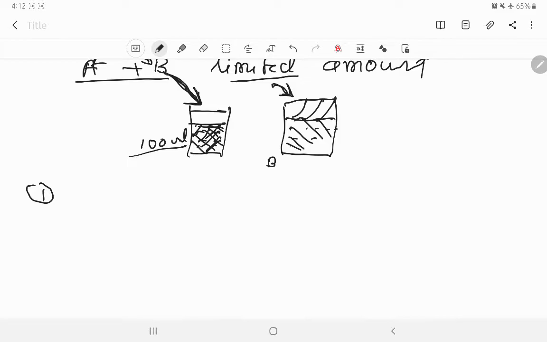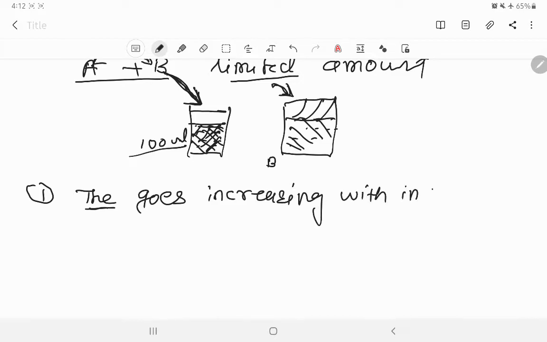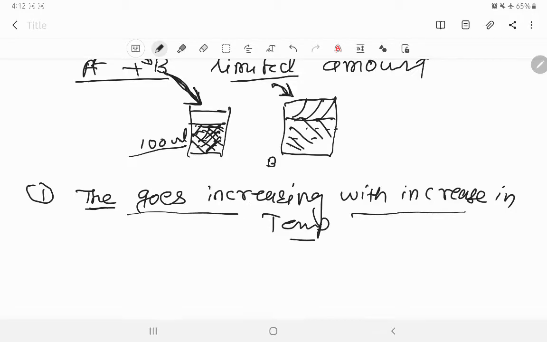Which are these three types? The first type is the pair whose mutual solubility, meaning solubility of A in B as well as B in A, goes on increasing with increase in temperature.